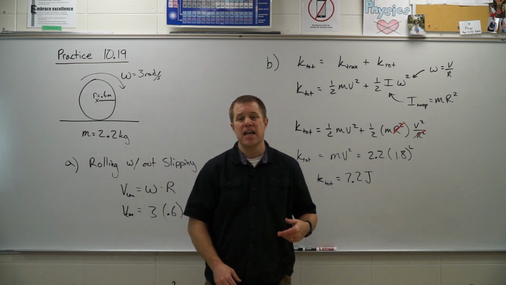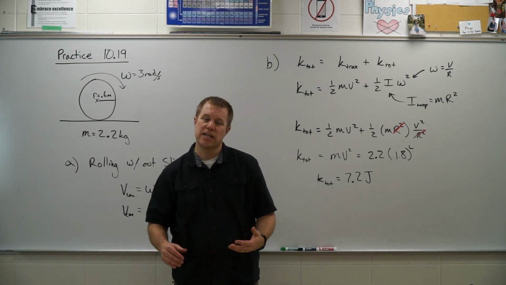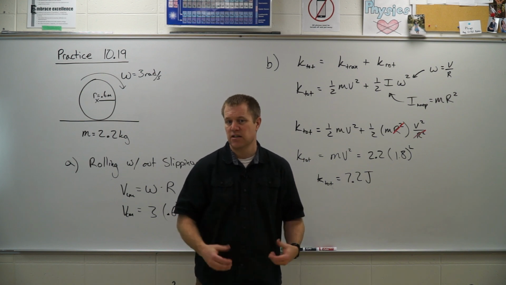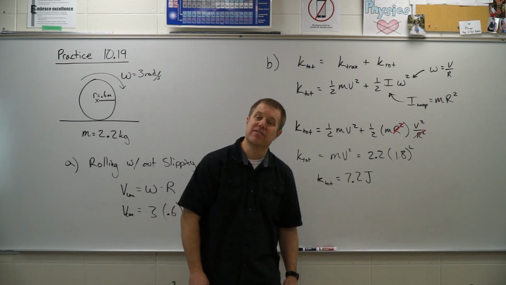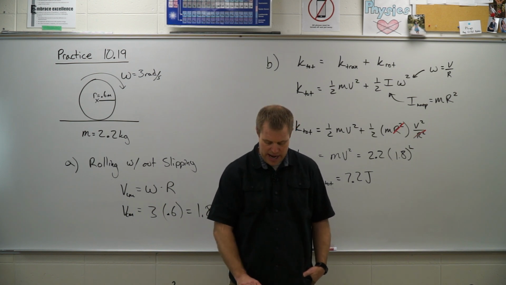It's moving to the right linearly, but rotationally it's moving to the left, and those two cancel each other out. So its net velocity there, relative to the ground, is 0. And that is how you answer part C. There you go.